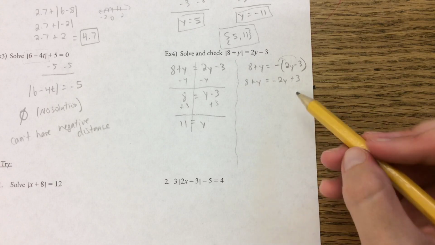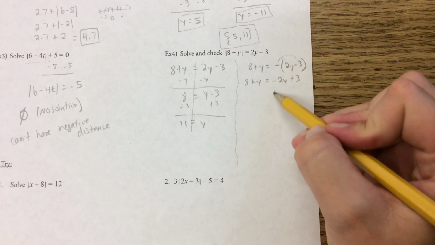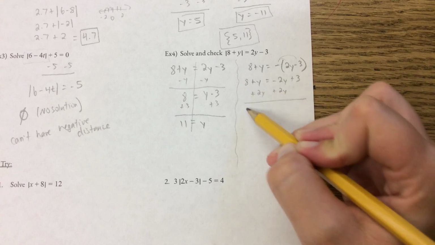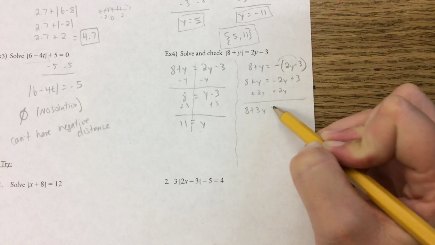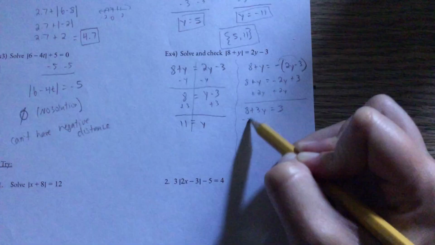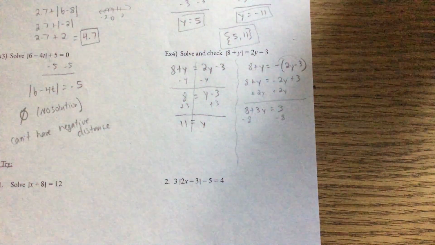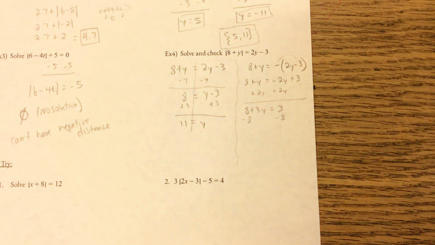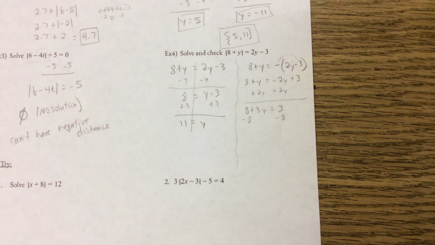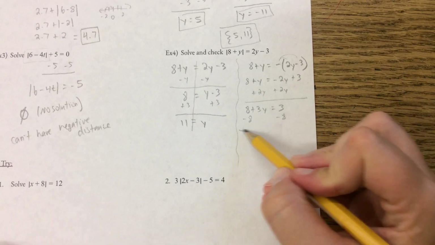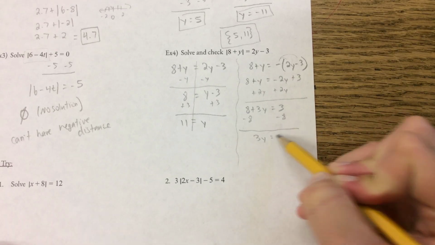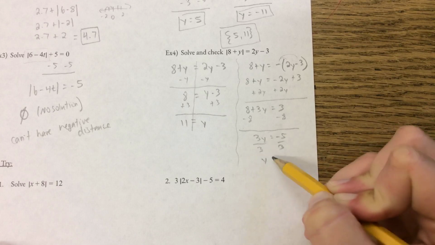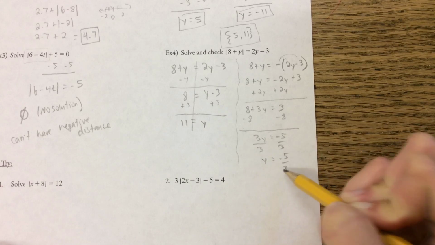Now I'm going to combine like terms and solve. I'm going to bring this over to the other side by adding it, and then subtract the 8. This gives me 3y equals negative 5, and I would divide by 3, which gives me y equals negative 5/3 here.